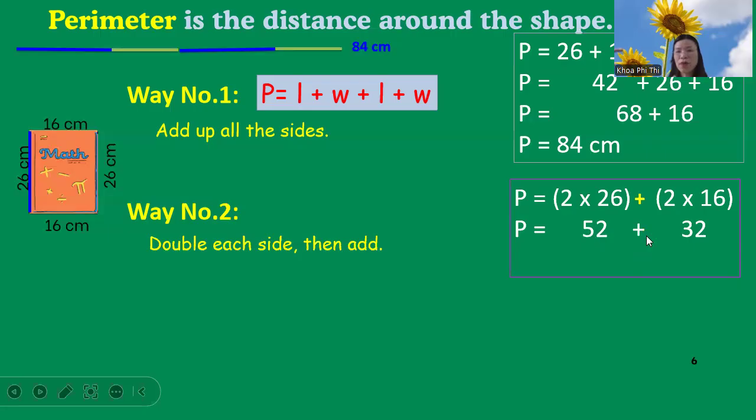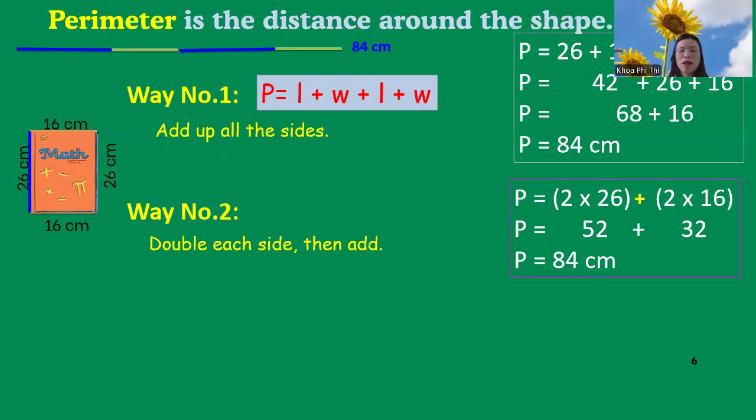And 52 plus 32 equals 84. See, we have the same answer as way number one. We've got the same answer, 84 centimeters.